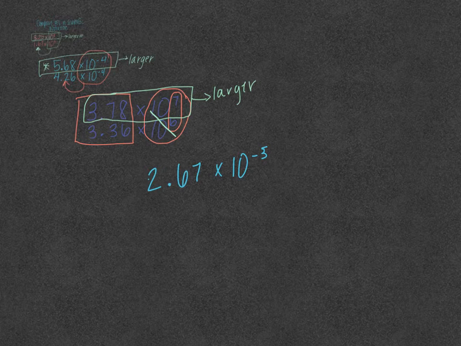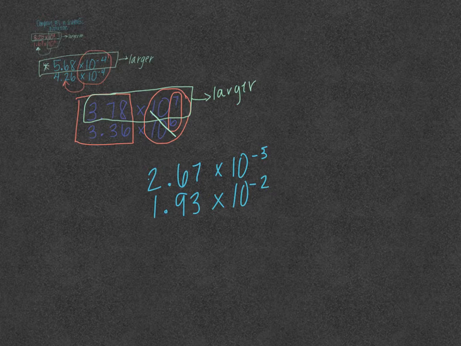And we are going to then do 1.93 times 10 to the negative second power. So looking at these two numbers, they have different powers of 10.